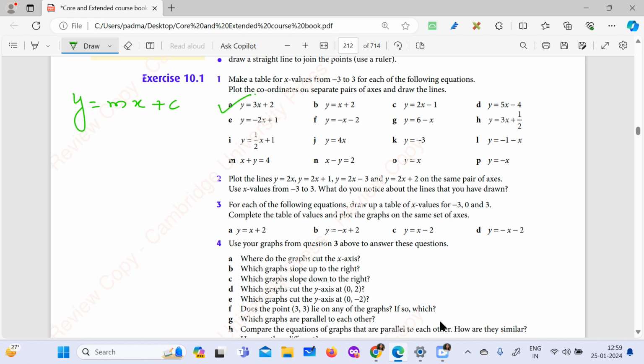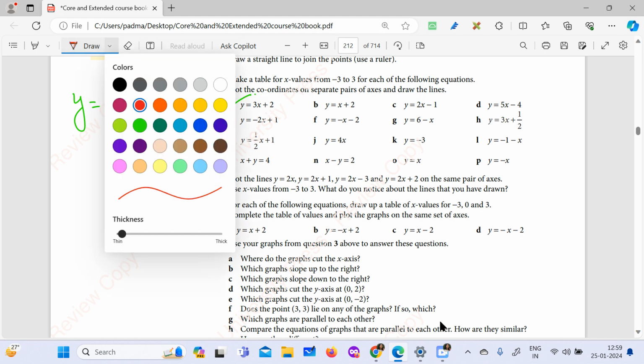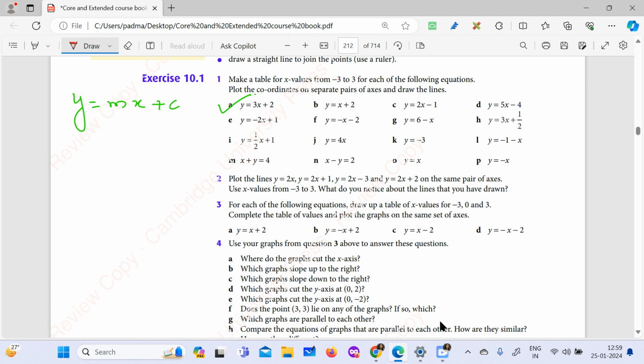So let's go through the question. What does it say? Make a table for x values from -3 to 3 for each of the following equations. Plot the coordinates on separate pairs of axes and draw the lines. Okay, so we will plot the graph for y is equal to 3x plus 2. Here it is already mentioned that x values have to be taken from -3 to 3.